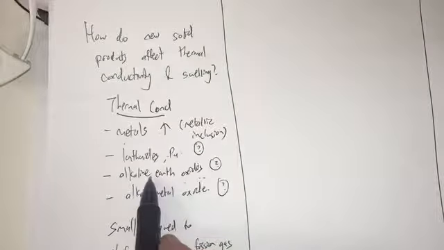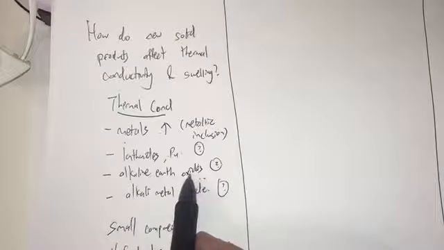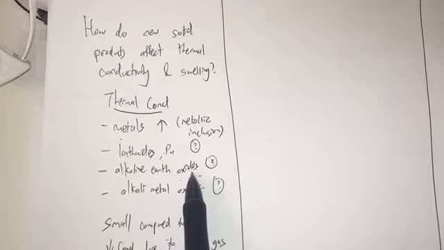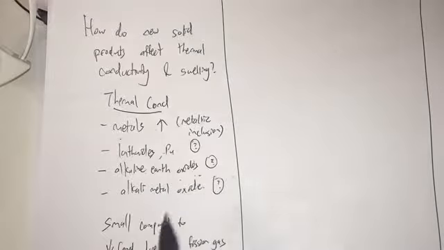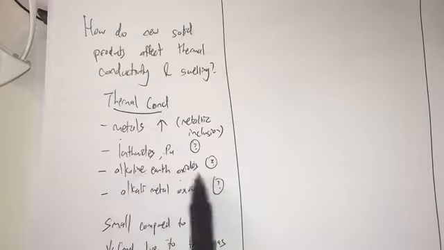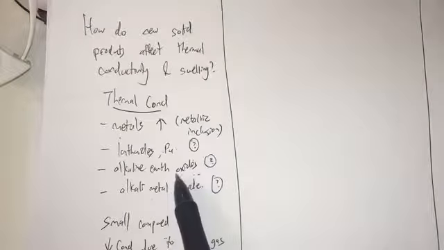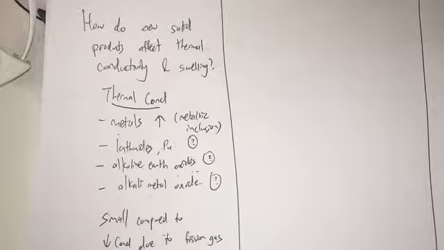If the thermal conductivity of this alkaline earth oxide is higher, for example, and it is being created and put into the fuel by the fission process, then the conductivity of the fuel is higher.